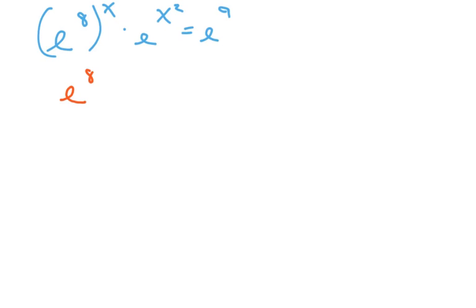The next one is e raised to the 8th to the x power times e to the x squared power equals e to the 9th power. We're going to use our properties. This is e to the 8x times e to the x squared equals e to the 9th. And then I'm going to use my product property.